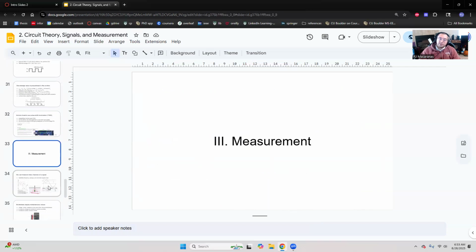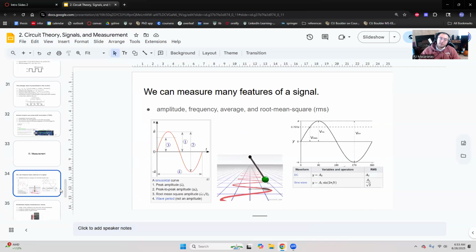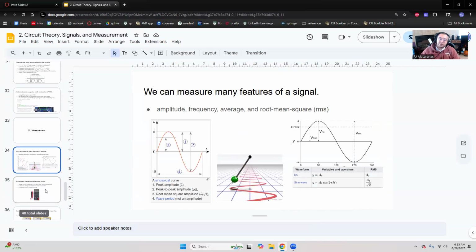But now we'll get into measurement. We can measure many features of a signal, and we'll get to do this in the lab today. Here are some examples of measurements that you may or may not have seen before. We have amplitude, which describes the height of a signal effectively.